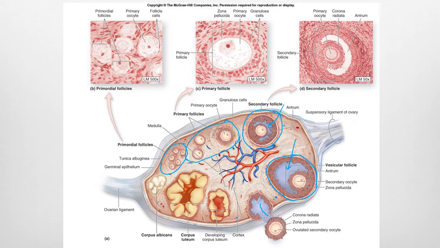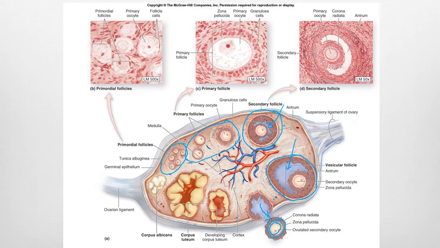It's going to burst open, and the oocyte, along with a couple of sets of cells surrounding it, are going to make their way out of the ovary. And so surrounding the outside of the oocyte here, we have the corona radiata and the zona pellucida. And so we have 2 different sets of cells that surround the oocyte. And those cells are going to be a barrier essentially for the sperm cells getting into the egg itself.